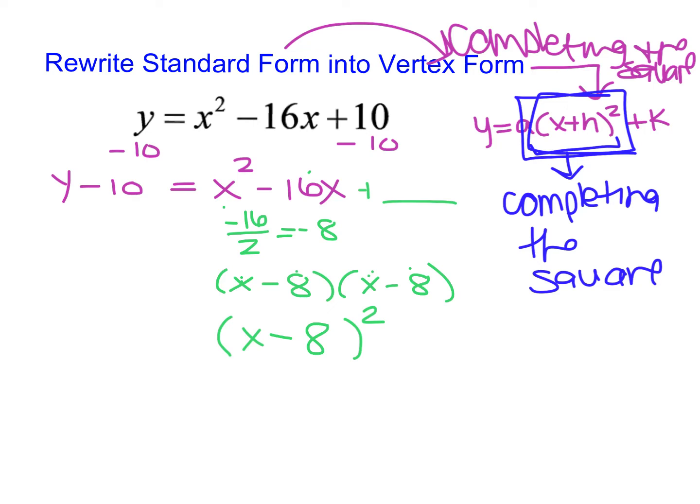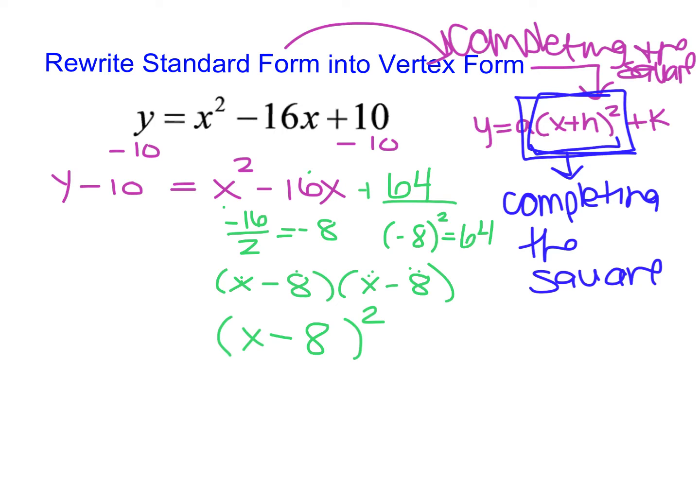So we've already accounted for most of the multiplications here. What we're missing, and the piece that we need to add in, is negative 8 times negative 8, which is a positive 64. So if we take negative 8 squared, or negative 8 times itself, we find that a positive 64 is our missing piece here.